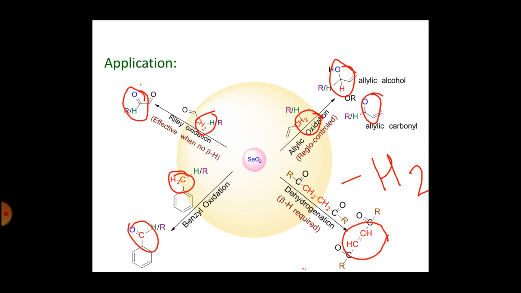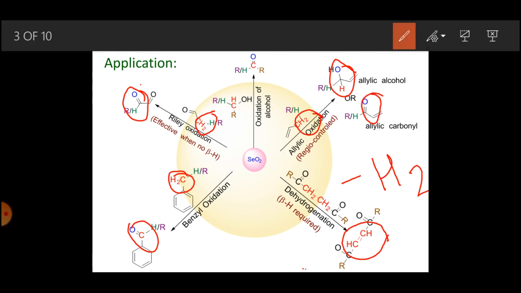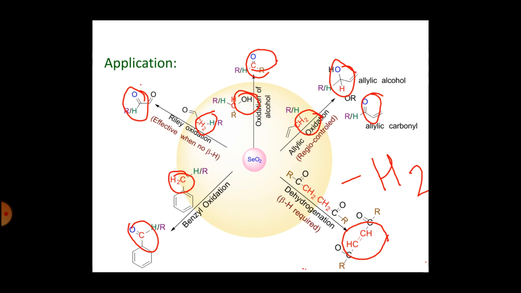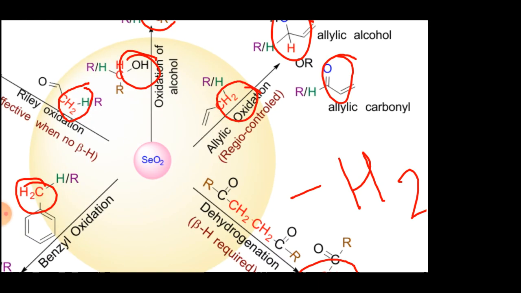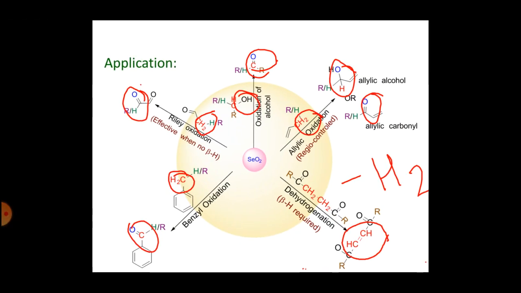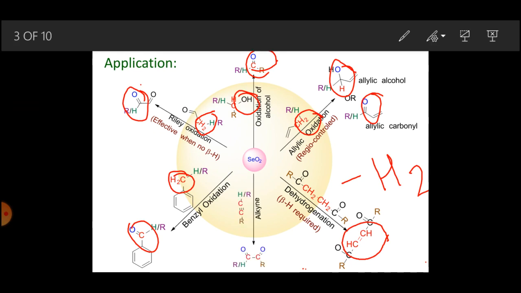It can also oxidize alcohols. So alcohol can also be oxidized with the help of selenium dioxide. So it will convert alcohol to carbonyl. And nevertheless, it can oxidize alkynes and will convert them into dicarbonyl compounds.